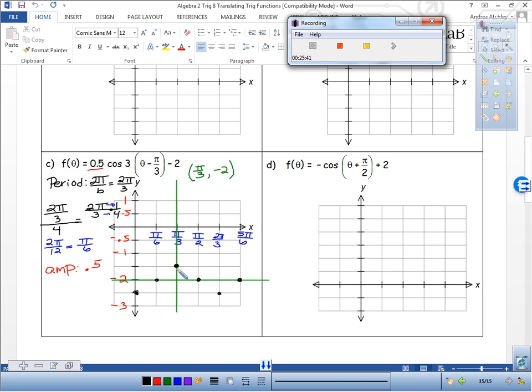Just make sure this right here is your amplitude of 0.5. Okay, so this is my curve. Any questions over that? We're all good?